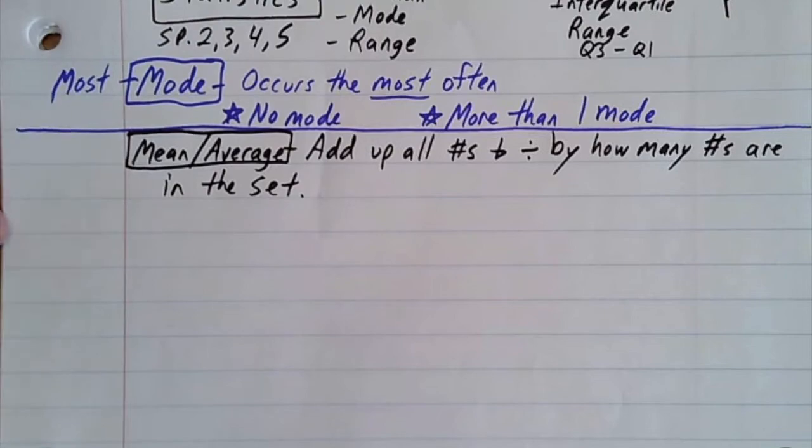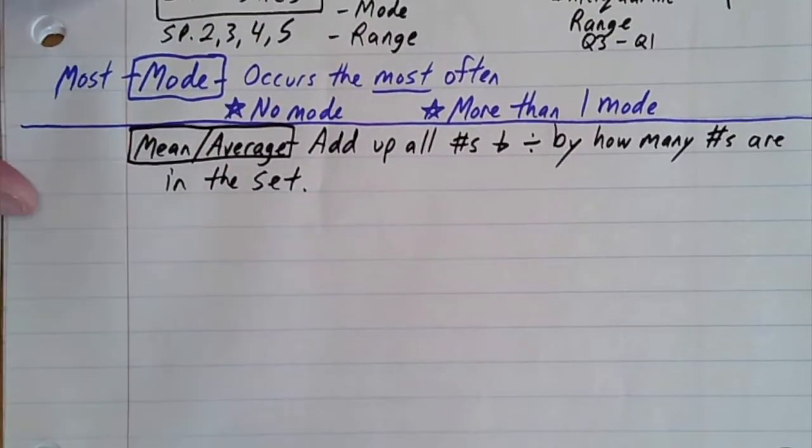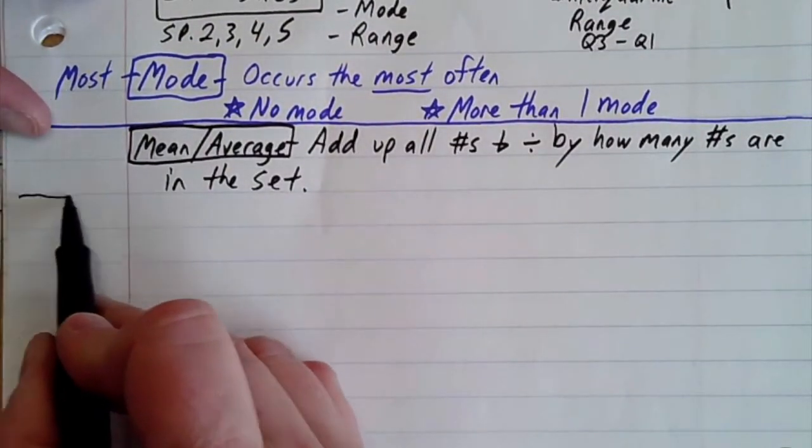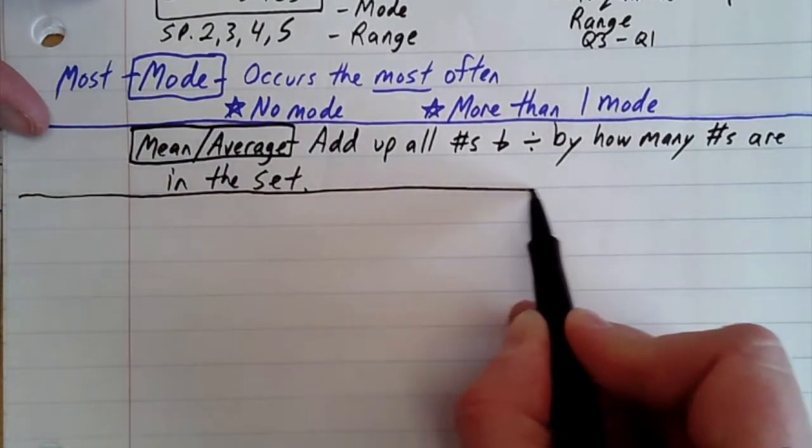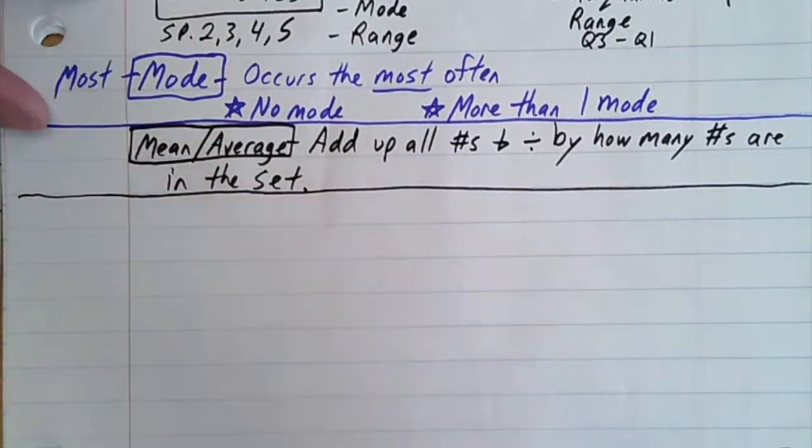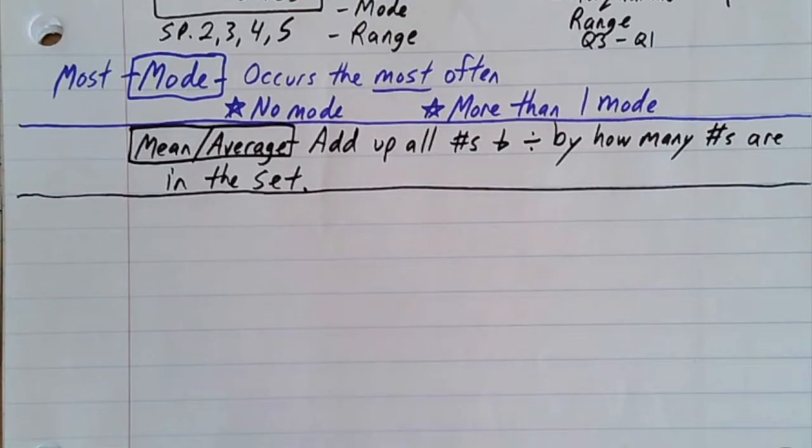Your mean could be a whole number. You may have to round it to the nearest tenths or hundredths. Add them all up and divide by however many numbers there are. So if there's 6 numbers, you're going to add the 6 numbers together and then divide by 6. If there were 7 numbers, you would add all 7 numbers together and divide by 7.